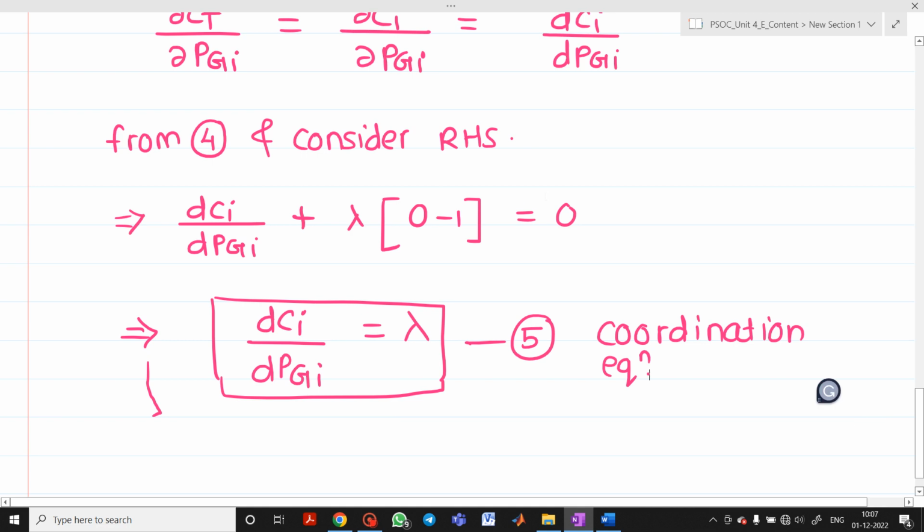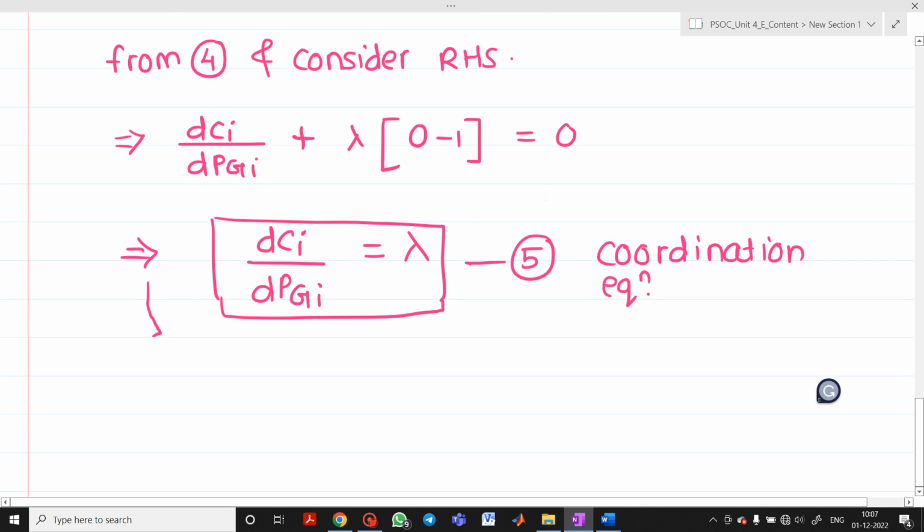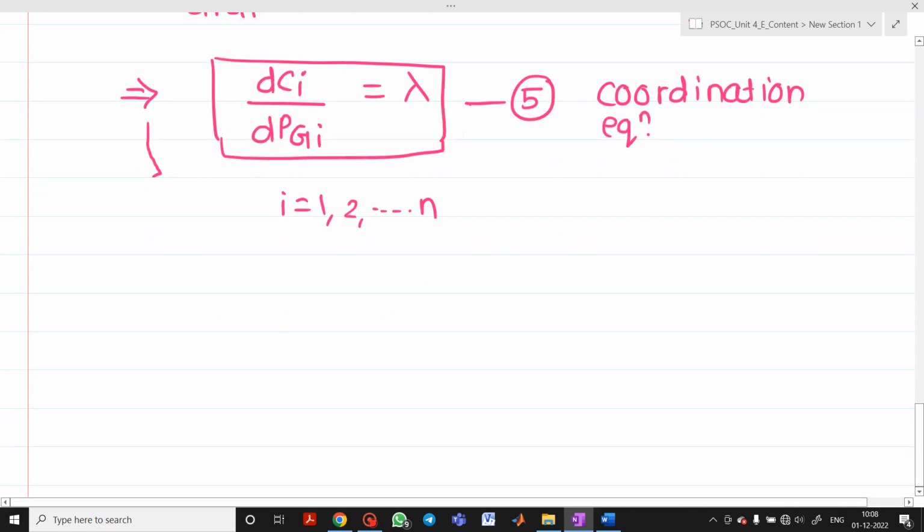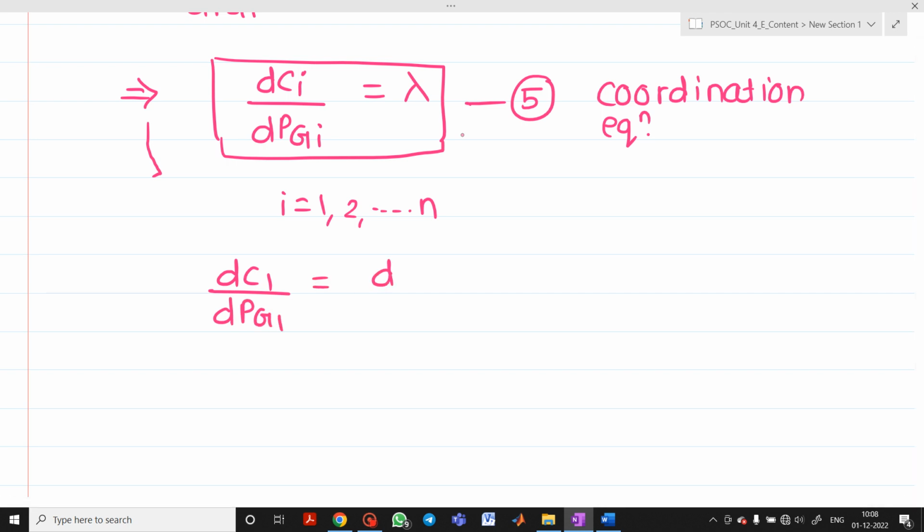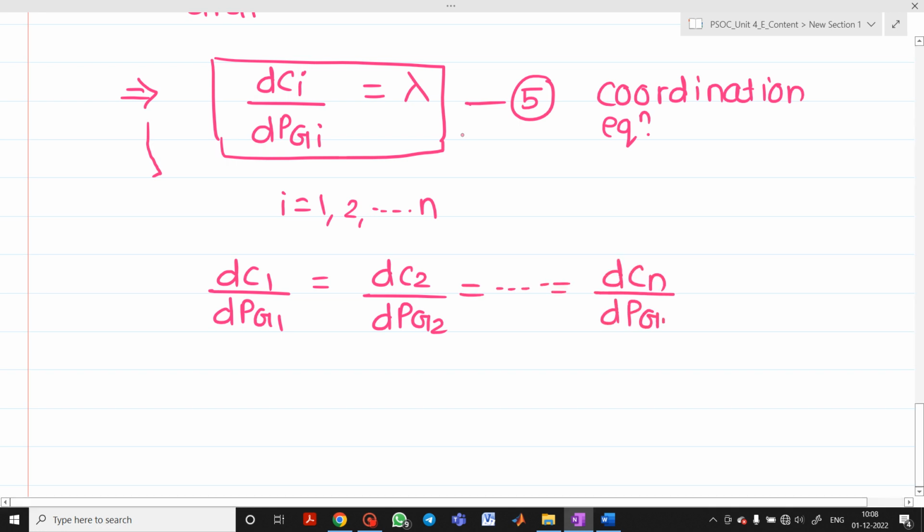So from the fifth equation we have written, when the transmission losses are neglected, I can write it for i equal to 1, 2 up to n. So what is the coordination equation? dC1 upon dPG1 will be equal to dC2 upon dPG2 will be equal to dCn upon dPGn will be equal to lambda.